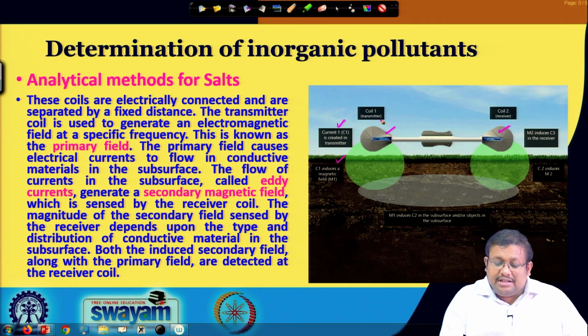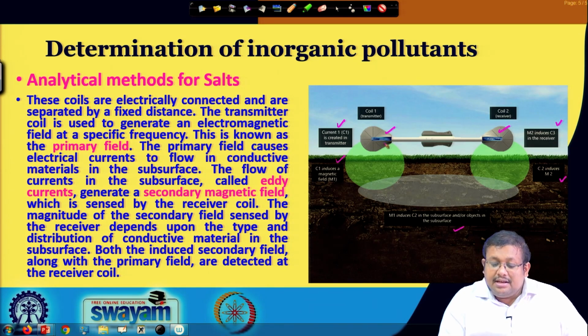So, this transmitter coil produces a current C1, this current C1 induces a magnetic field M1, and this M1 induces C2, which is basically a secondary current, in the subsurface or on objects of the surface. So, C2 further induces a second magnetic field, that is called M2, and M2 further induces C3 in the receiver.